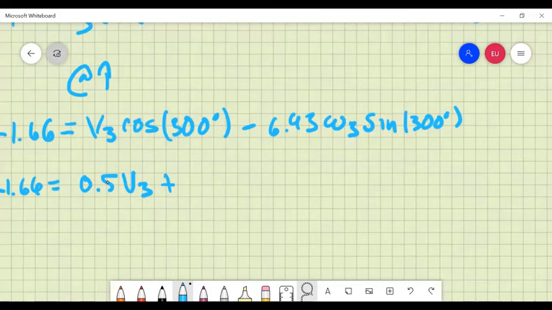Sine of 300 is minus 0.86, it is negative. So with this negative, it will become positive. Now just multiply this bit times 6.93. 6.00, so I'll say 6.